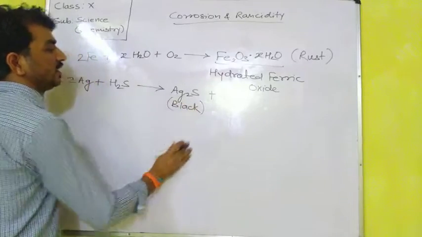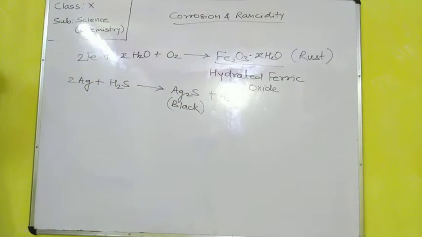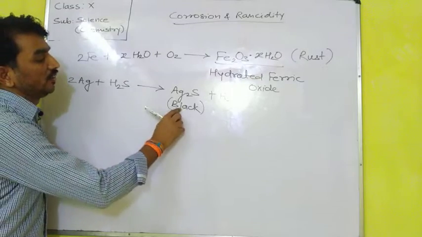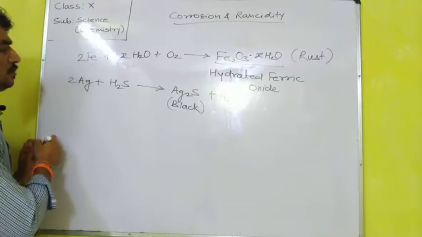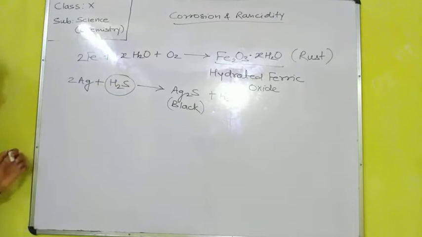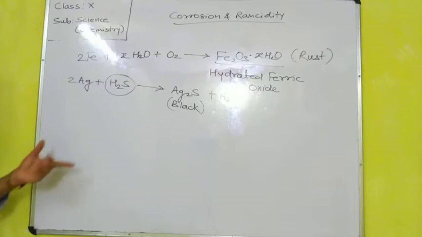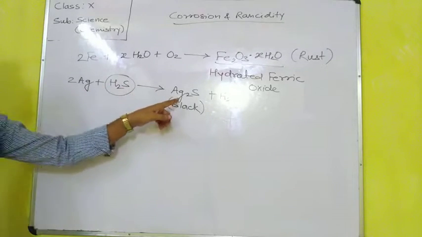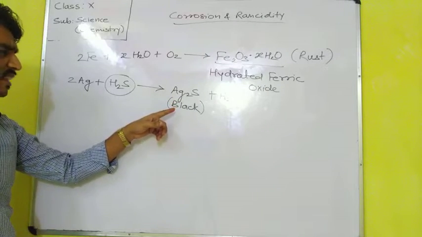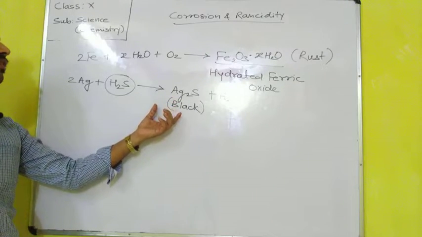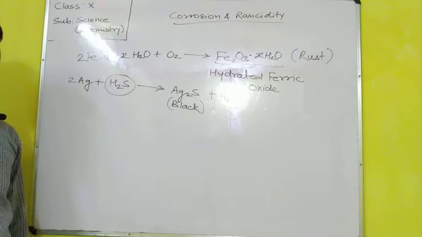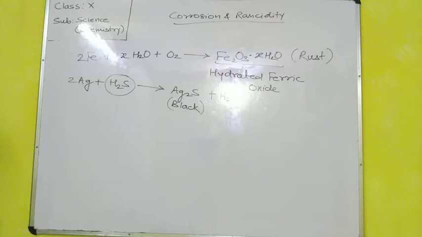Suppose a silver ornament, worn by women and girls, is in contact with the environment. Because hydrogen sulfide is present in the environment, when it reacts with these gases for a long time, a black coating of silver sulfide forms on the surface of silver.